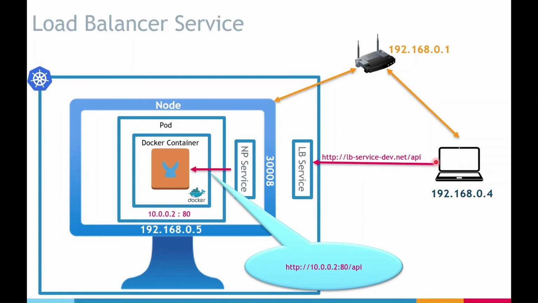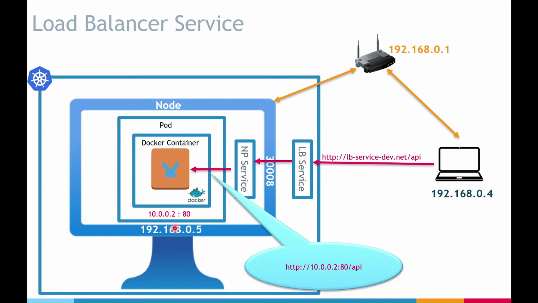The request from any external machine which is outside the cluster, or it could be even outside your network, can use this fully qualified domain name, and then the request reaches the LB service, and then from the LB service it goes to the node port service, and from the node port service the original flow remains the same.